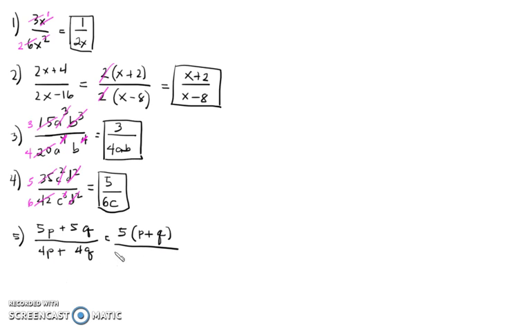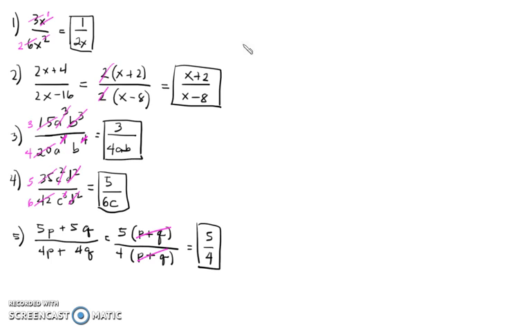Same thing with the denominator, I have a common number of 4, so with 4 factored out, I will have 4 times p plus q. Then again, by cancellation, I have both p plus q on the numerator and denominator, so simply cancel this out. So the final answer would be 5 over 4.